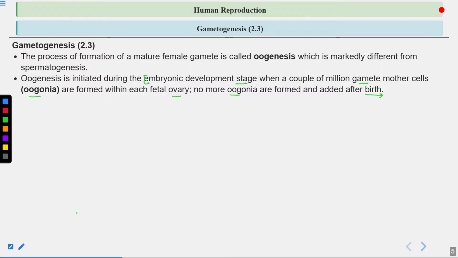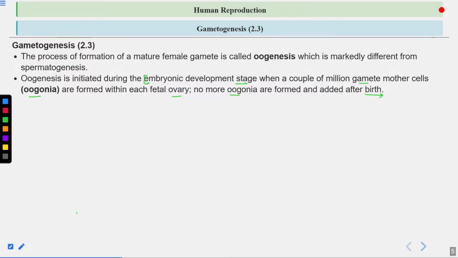Now, this raises a question. Egg production starts at puberty. After the female attains puberty, the eggs are released during the menstrual cycle. So if the oogonia are formed in the fetal ovary, then why are the eggs released after puberty?